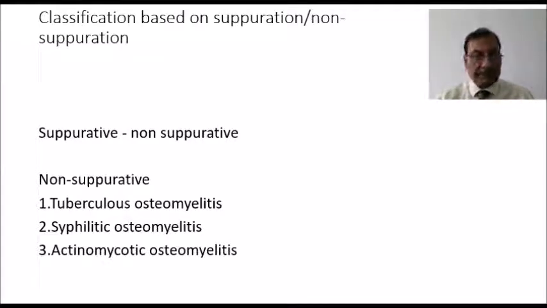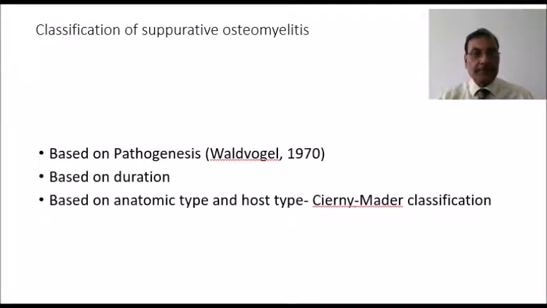We are going to describe only the pus forming osteomyelitis in detail. Non-suppurative includes tuberculous osteomyelitis. We know in tuberculosis it is not pus but caseous material that is formed. There could also be syphilitic osteomyelitis and actinomycotic osteomyelitis.